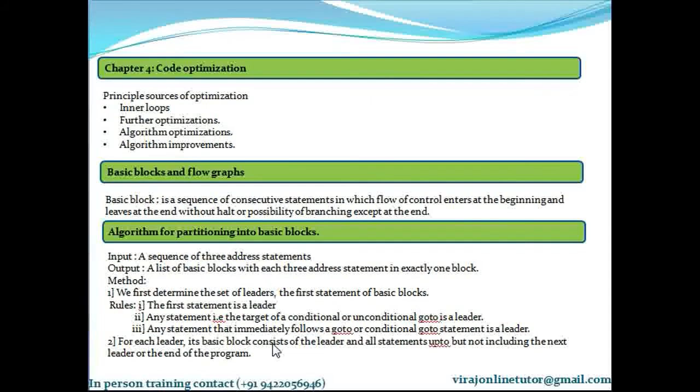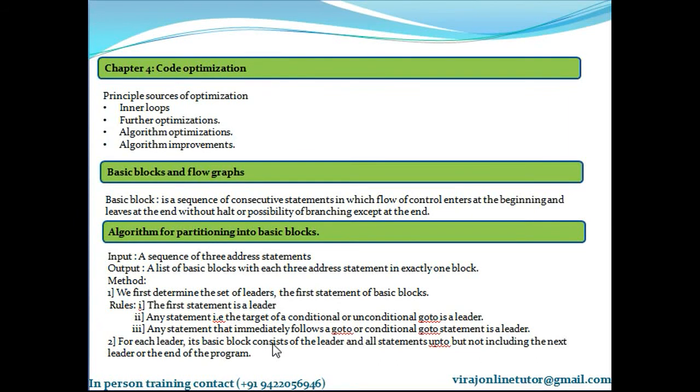So what are the different optimizations that I can do? First is inner loops. Most of the execution time is spent in relatively little of your program. It's the 90-10 rule, which states that 90% of the time is spent in 10% of your code. Thus, the most heavily traveled parts of your program, the inner loops, are an obvious target for optimization.